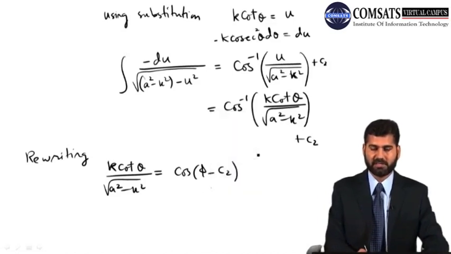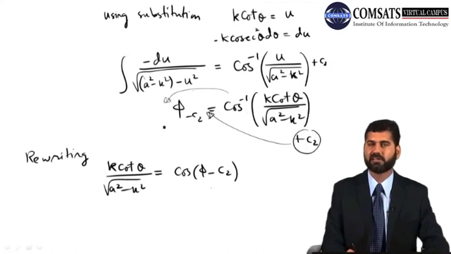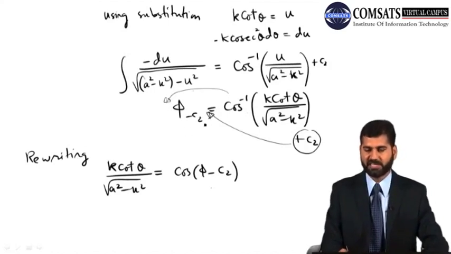You see, what is this? This was phi, right? So phi was equal to this thing. So if I bring this c2 here, it will become phi minus c2, and then take the cosine of this thing. So cosine of phi minus c2 is equal to k cot theta by square root of a square minus k square. So I can rewrite it like this.